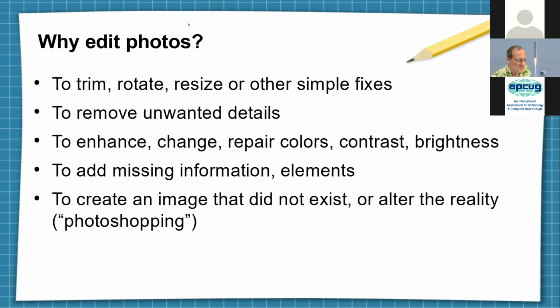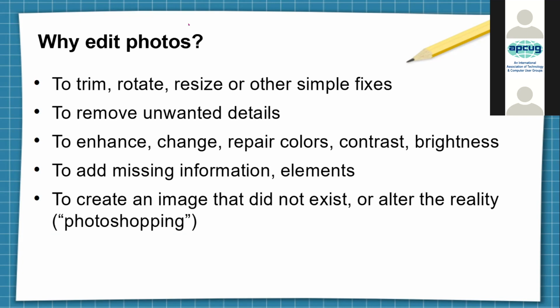Why do we edit photos? Well, there are a lot of simple editing features available in Google Paint and Microsoft Paint and many other tools. Filters that rotate. Sometimes you can edit a photo before downloading from your camera, and then you may want to do some additional editing. But why more editing?